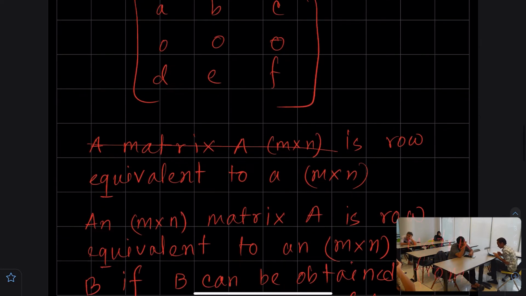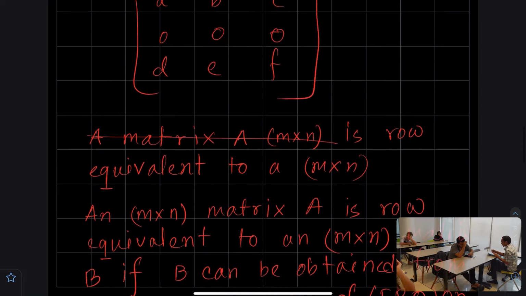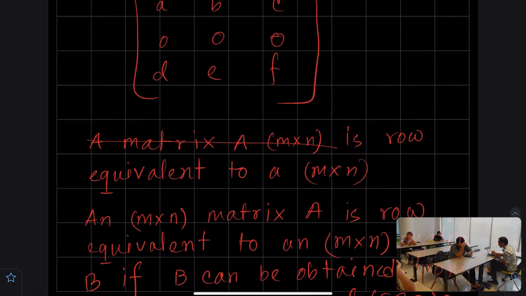Then this will be 1, and I can apply the second elementary row operation to make this entry 0.